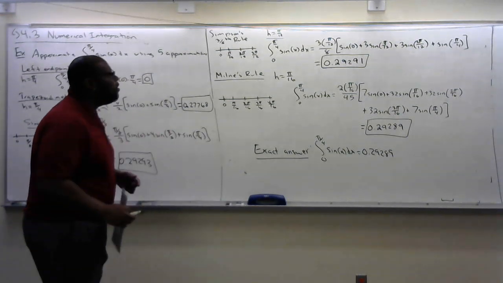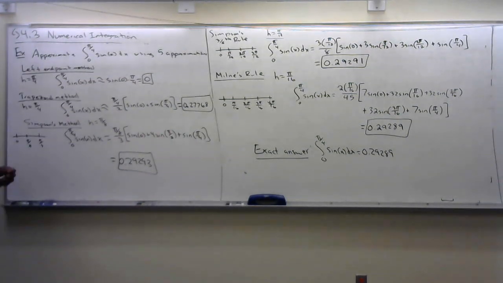Right? So Mills' rule came out the winner, of course, right? It's going to have a higher degree of Lagrange polynomial, so it's going to give us the highest accuracy here. But notice that Simpson's rules are not that terrible. Trapezoid rule is not that bad.